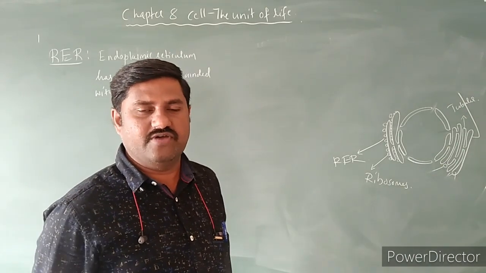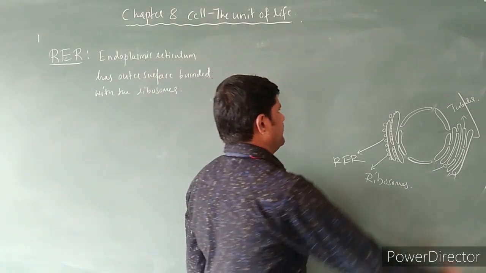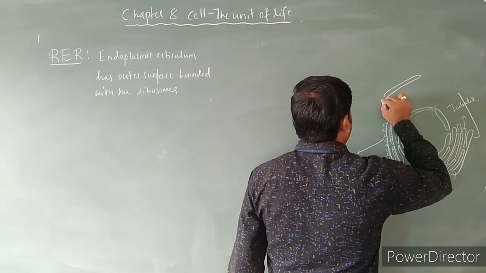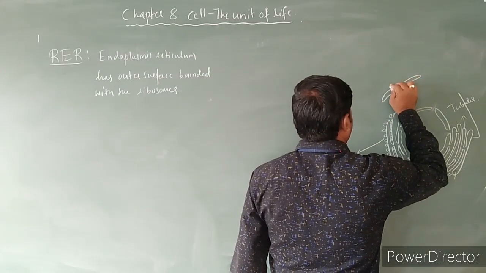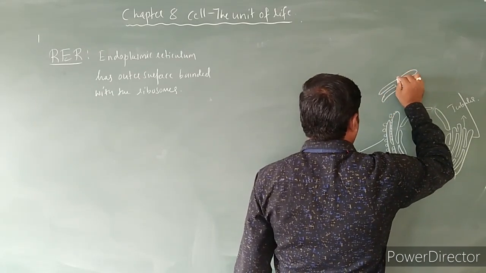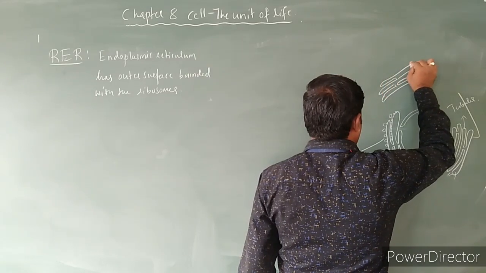Sometimes another type of endoplasmic reticulum is also there. See here, this is also another type of endoplasmic reticulum, and it also has interconnected tubular structures.